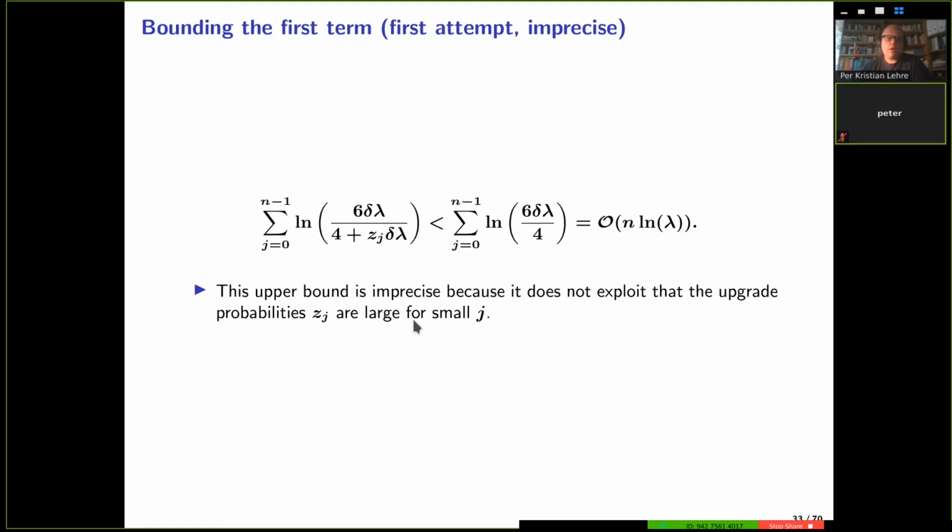Okay, so this upper bound is imprecise because I do not exploit that the upgrade probabilities zj are large for small j. Okay, so if j is very small, I have many 0 bits. So then this expression becomes quite large. Let's say j equals 1, then you have a linear number. I have something like theta of n here.